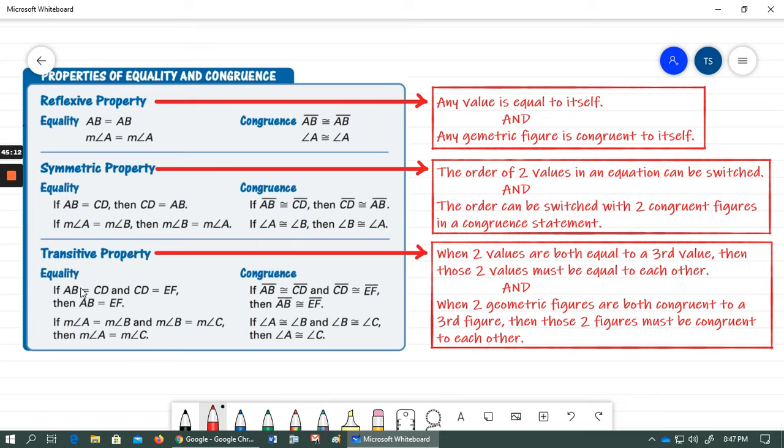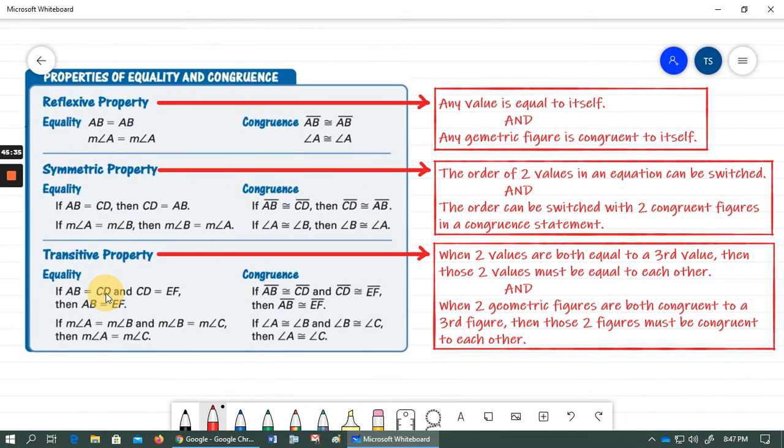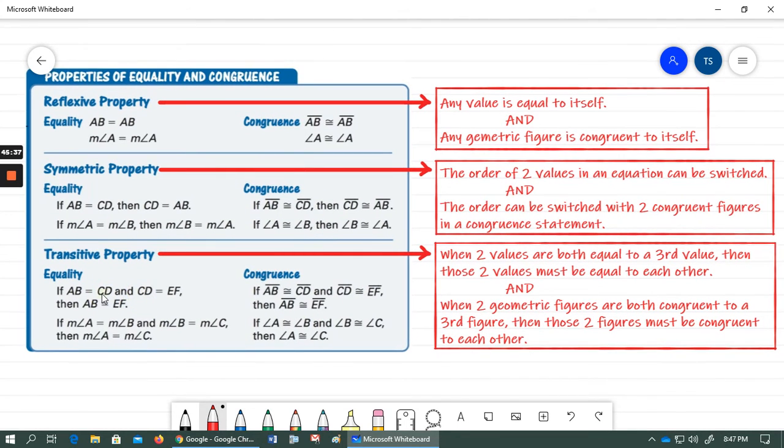Okay, and that's what you see here, written out with these equations. If the length of segment AB is equal to the length of segment CD, and CD is equal to EF, then both of those two segments are equal to the length of segment CD.